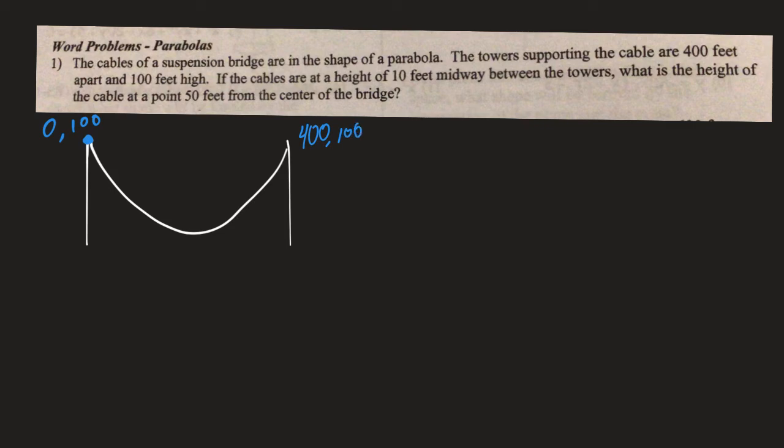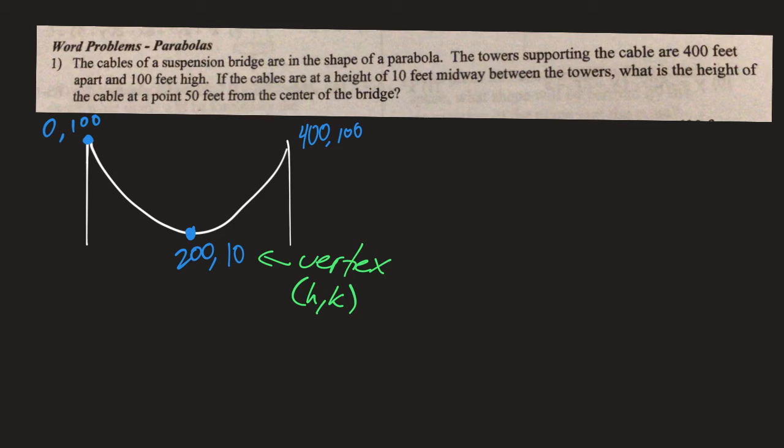Okay. So where's my midpoint going to be, guys? I'm hoping that you came up with that this is at 200, 10 for the height. This 200, 10, again, very important. This one is the vertex, which is, of course, the h and k value in our equation.